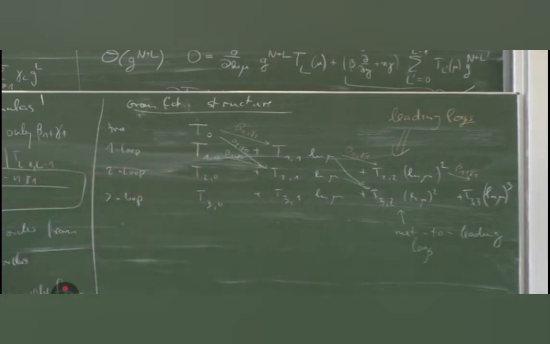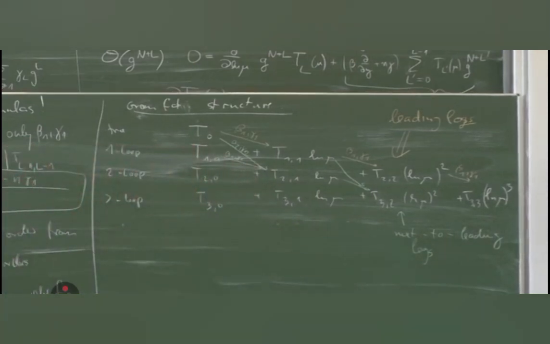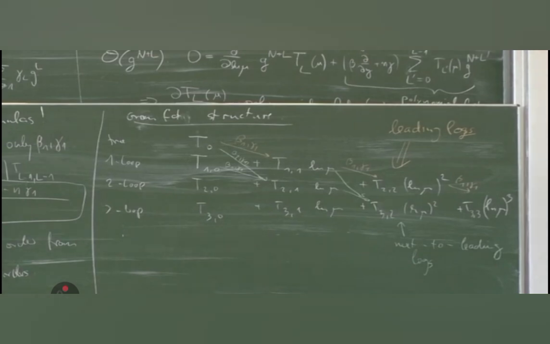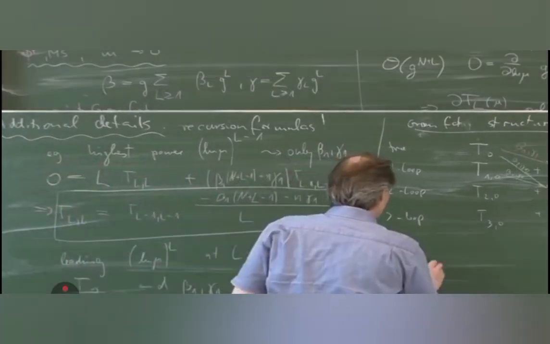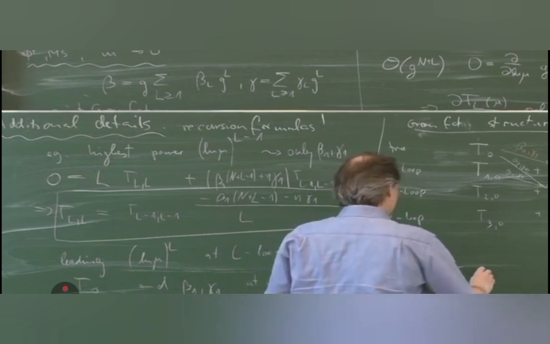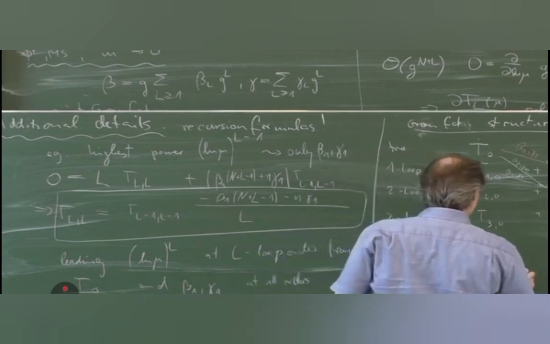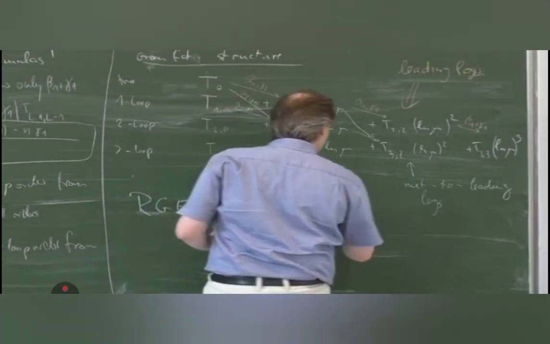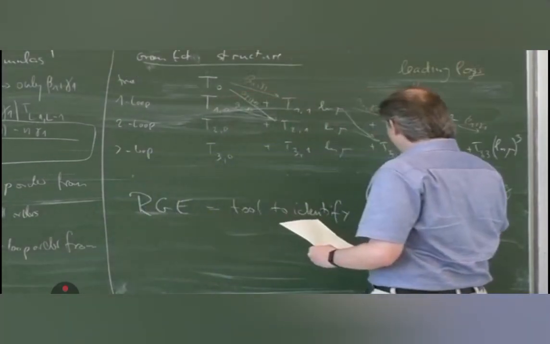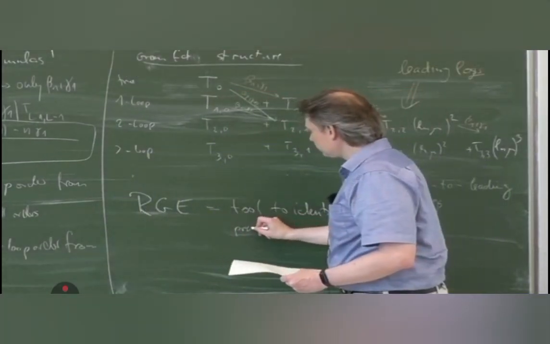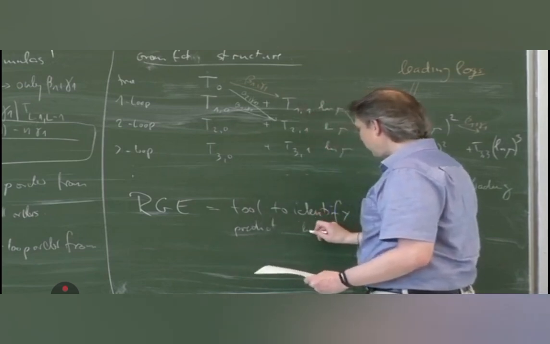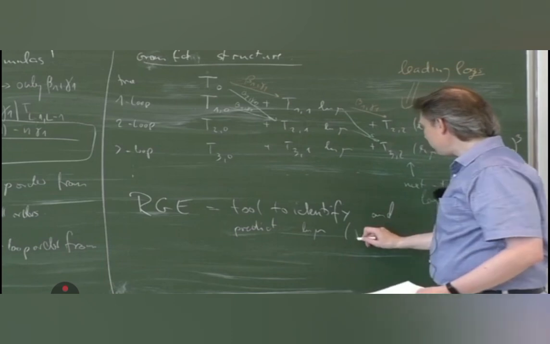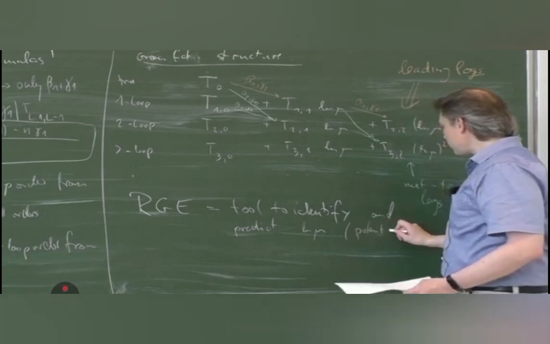So when you see that the renormalization group tells you the coefficients of all these logarithms, central large logarithms.